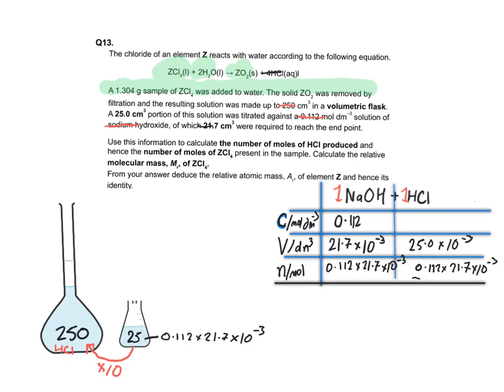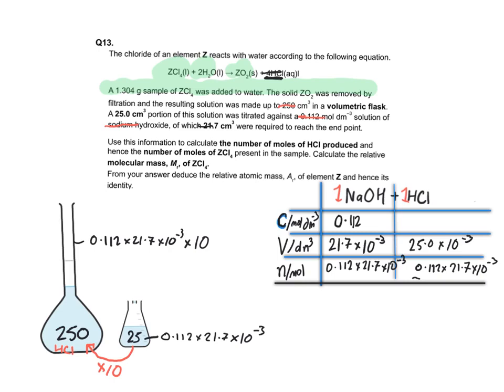So inside the 250 flask we have got 0.112 times 21.7 times 10 to the minus 3 times 10 times the amount. So now we know the amount of HCl that was produced in our chemical reaction.